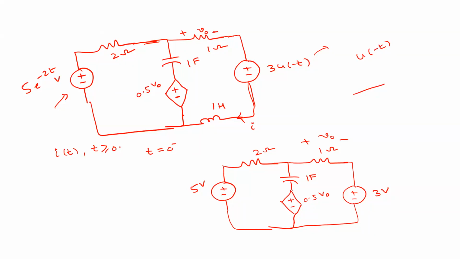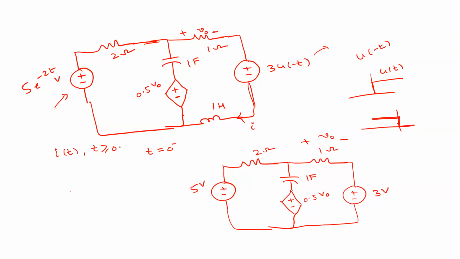That means its value is not there. I think we discussed this. So this is u of t. So what does u of minus t mean? Up to that point, the switch is on, right? At t equal to 0, the switch is open. In other words, that value is 0.